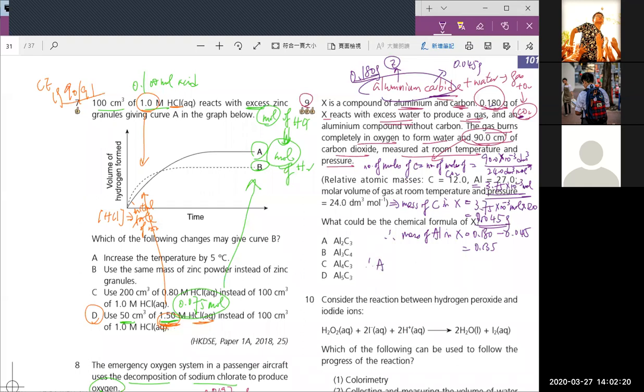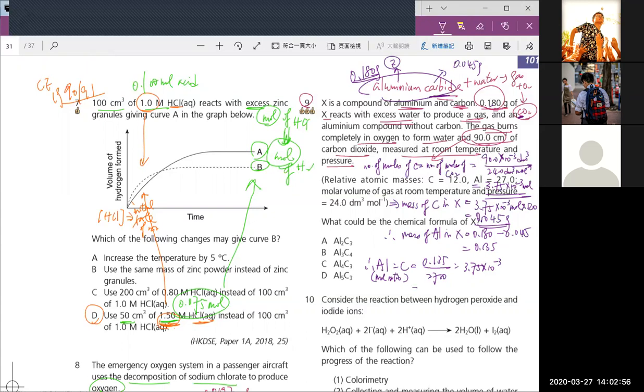So you are going to find out the mole ratio between aluminium and carbon: 0.135 over 27.0 to 3.75 times 10 to the power minus 3. That is a mole. Okay, this is the mole ratio.